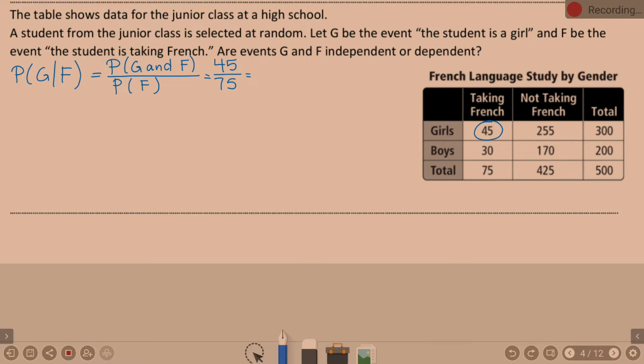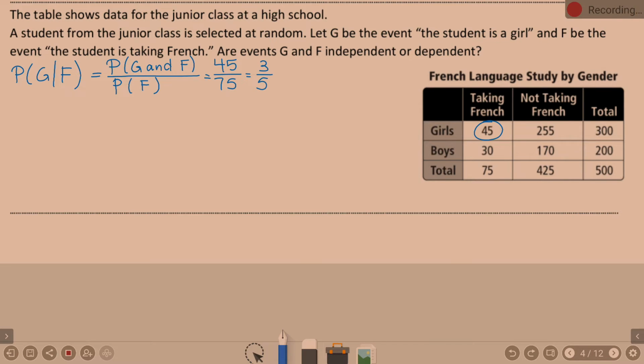If you divide both by 5, you end up at 9 over 15, which can then divide by 3. And so we are at 3/5.